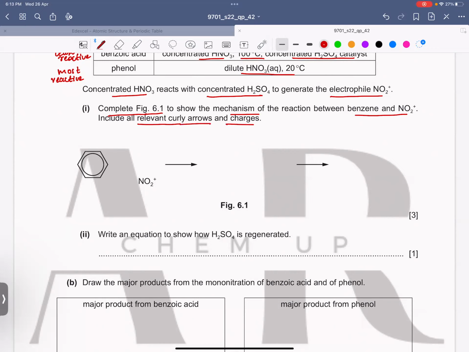So here in the first case, you can show the arrow arising from the pi system of benzene, pointing towards the nitrogen, and as a result we will make the intermediate having a benzene ring and a partial circle inside.